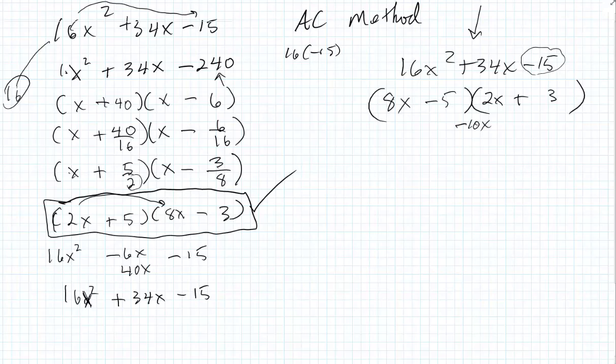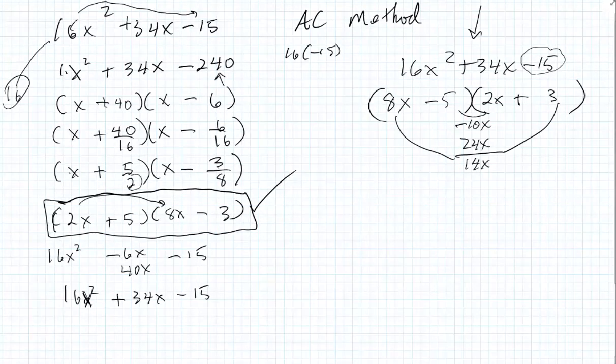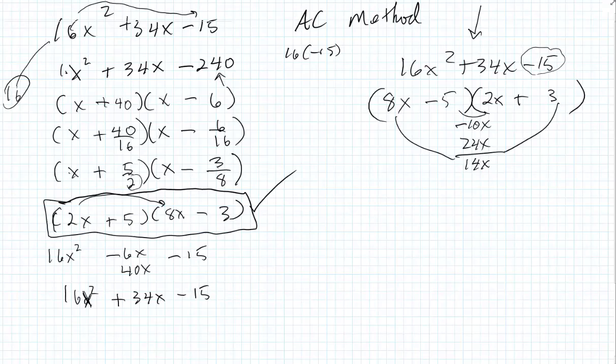Negative 10x in the middle, and over here I have 24x. So that gives me, what is that, 14x. Well, that's not right because I need 34x. So something isn't right here. And I can't just switch the signs because that will only change this to a negative 14.